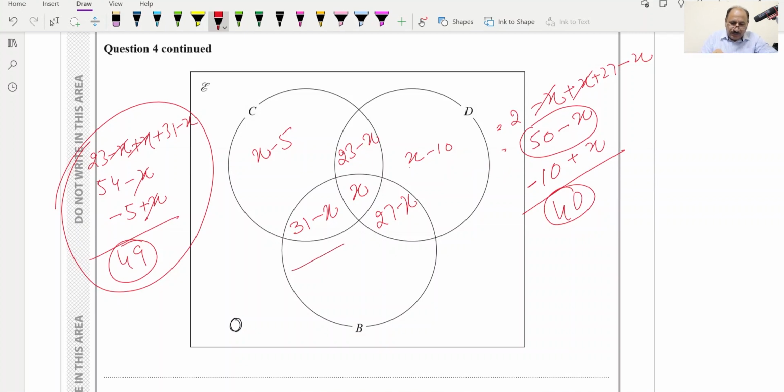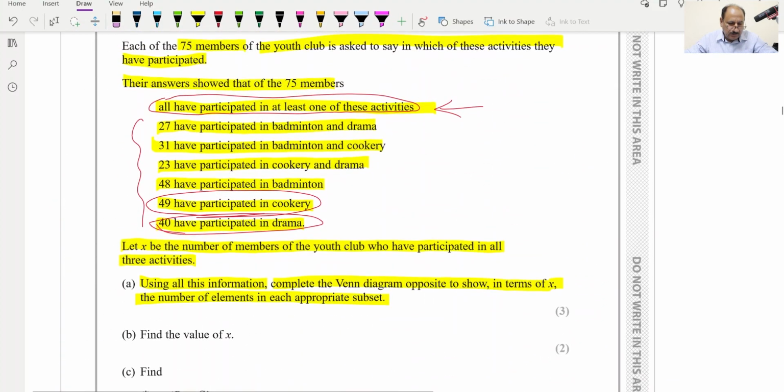Now we can calculate for this region also, and this is badminton, and badminton is provided over here, which is 48.